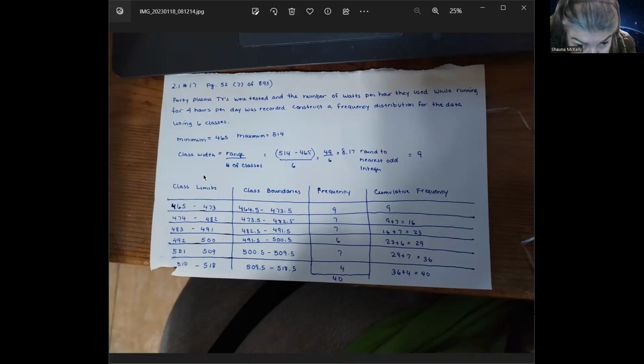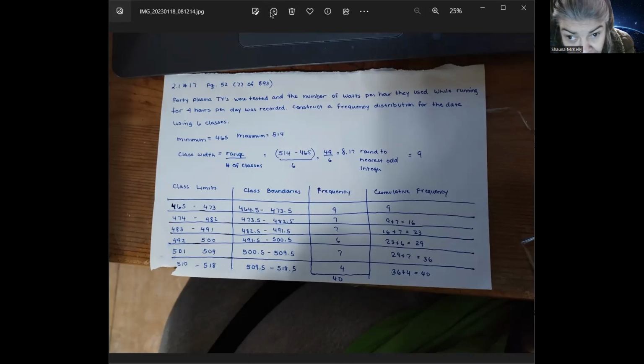Now, I had a couple of questions about this. One person said, how do I find the class limits from my distribution? Well, if you start at the minimum, which is 465, we know we're doing 6 classes.